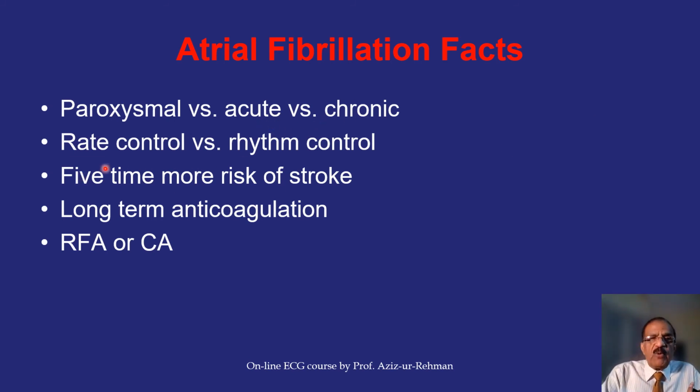Then in the treatment, we have a rate control strategy or a rhythm control strategy. Again, I will only briefly touch on it because we're not discussing management. In rate control, you try to control the rate by giving beta blocker, digoxin or calcium channel blocking agents. In rhythm control, we try to restore normal sinus rhythm.